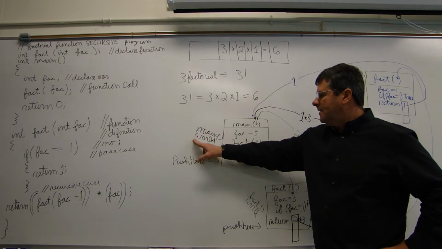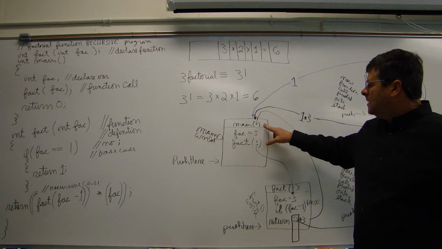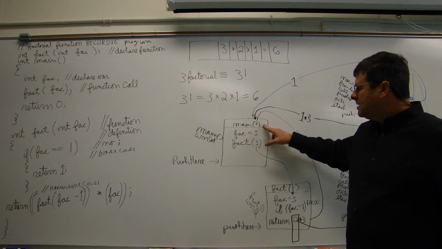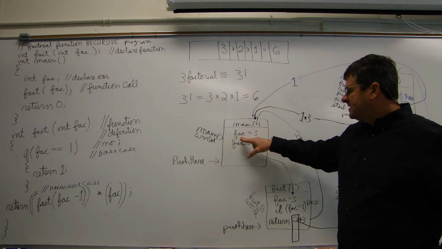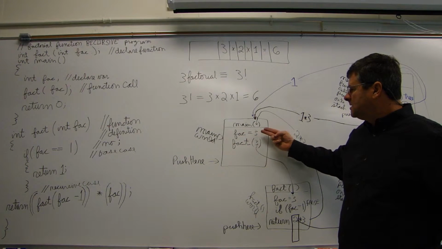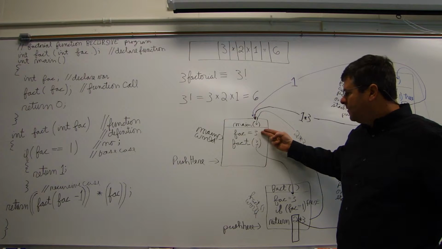In the main world, I had this main. Main is actually a function, and initially my variable fac has been assigned the value of 3.